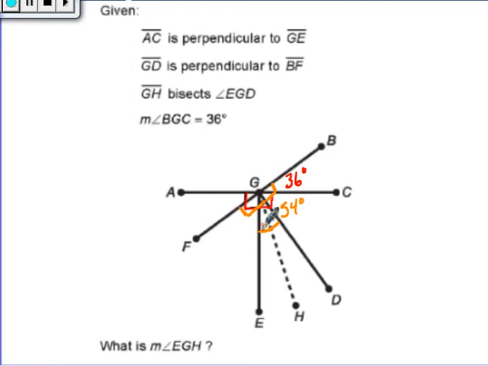So since the whole thing is 36, I'm going to distribute that and put 18 and 18 there and there. And I don't know what they're asking for, I'm just giving them everything. If that's 36, you also have a right angle here. That makes this angle also 54. And since you have a right angle here as well, that would make this angle 36. So now let's see what they're actually asking for. EGH would be 18 degrees.